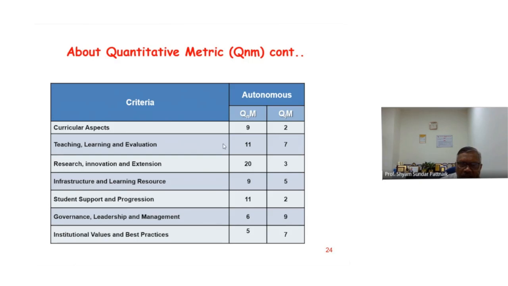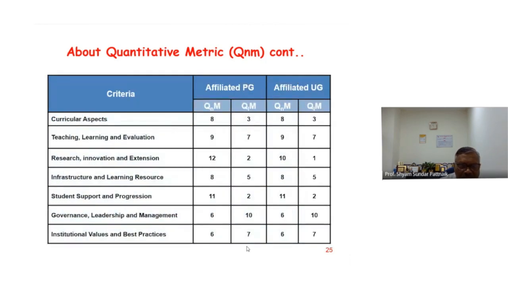Then this is for the autonomous institutes. Autonomous institutes you will find more or less the same as what the university systems have. Then for affiliated colleges also, the last 2 are the same. It is overemphasized. Governance and institutional value practice, the qualitative matrix is more than the quantitative matrix.